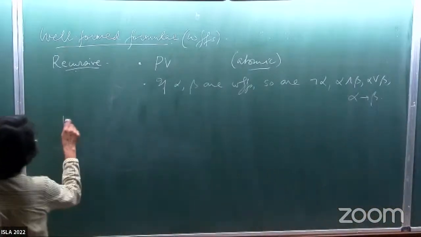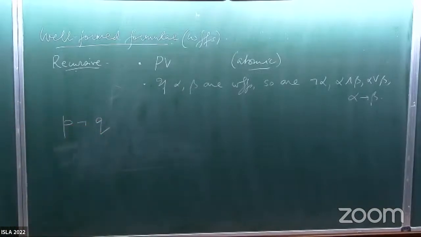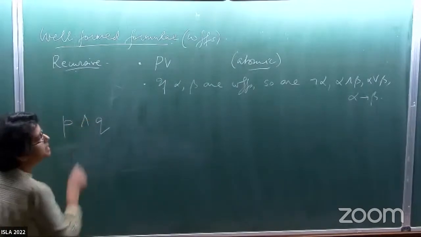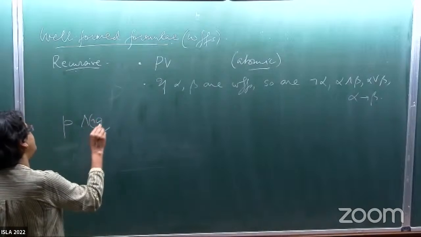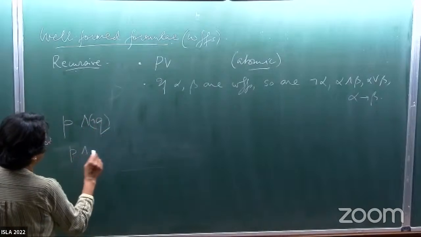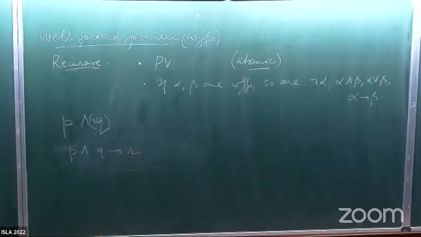So for example, P, is this a well-formed formula? It isn't. This is, of course, and so on. This is, and we have to be careful about the brackets. If I write this, then you see clearly that there can be different possibilities for this.